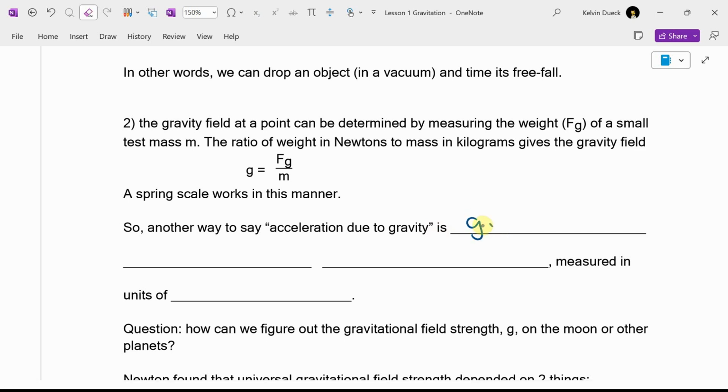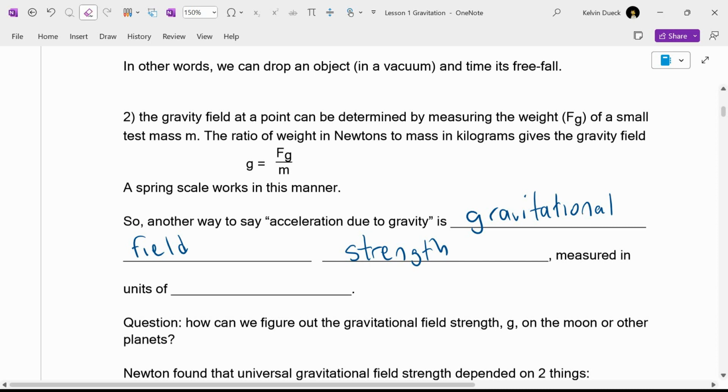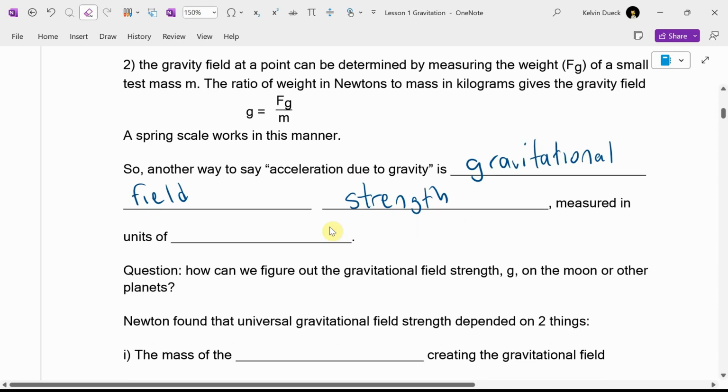Gravitational field strength, measured in, yes, meters per second squared, but what was the other units I said we could think about it as? Newtons per kilogram. This is little g. 9.8 on the Earth.